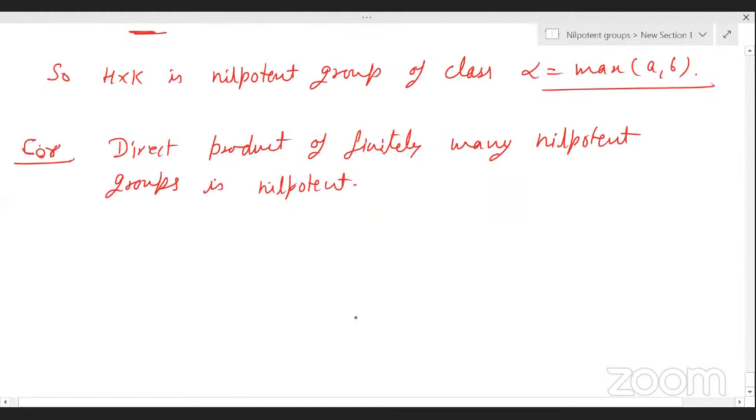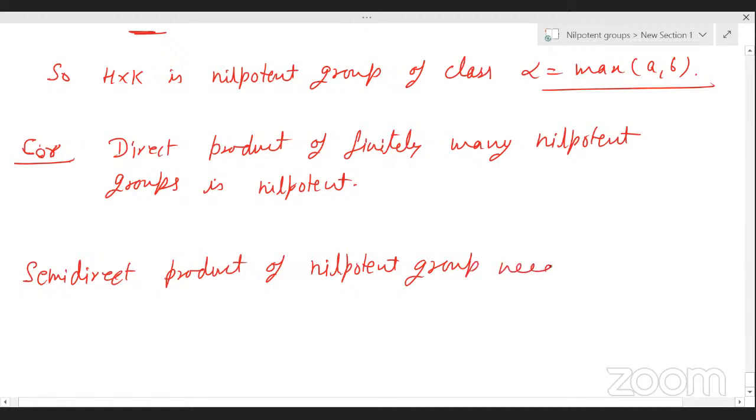Note one thing, that we have talked about direct product, but the semi-direct product of nilpotent groups need not be nilpotent.